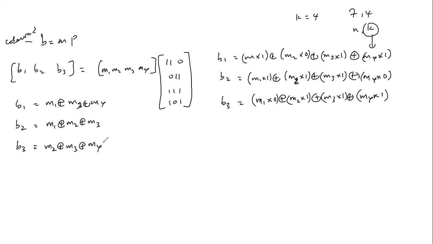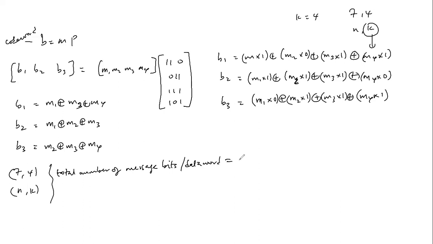Okay, now since we have a 7 by 4 NK code, the total number of data words, or message bits, will be the same as 2 to the power of k, which is 2 to the power of 4, which is 16.